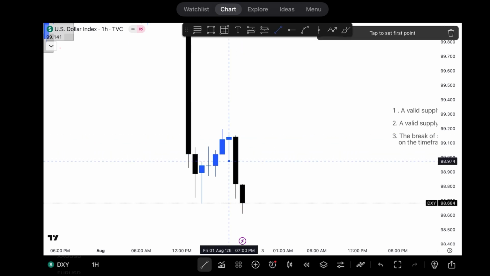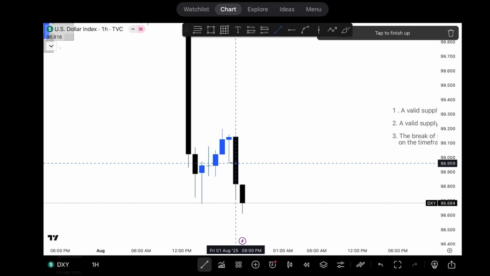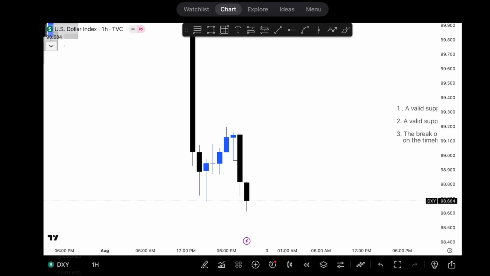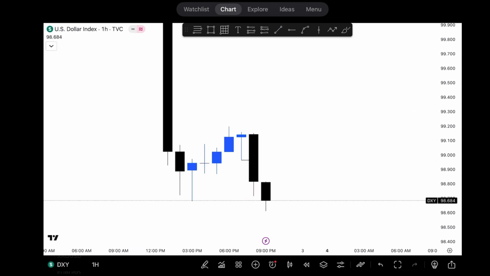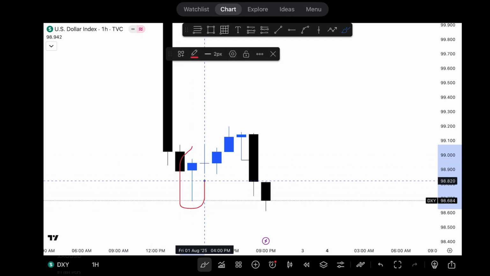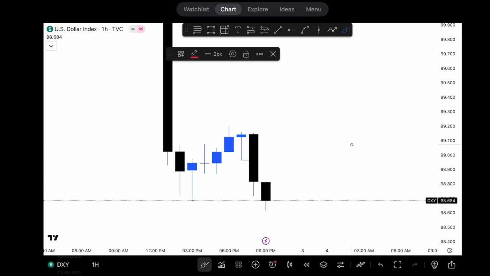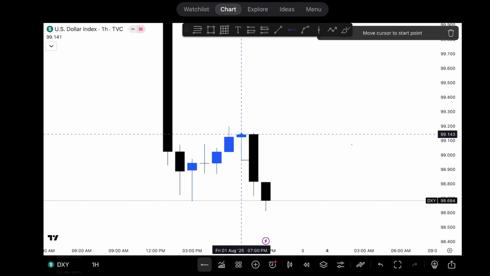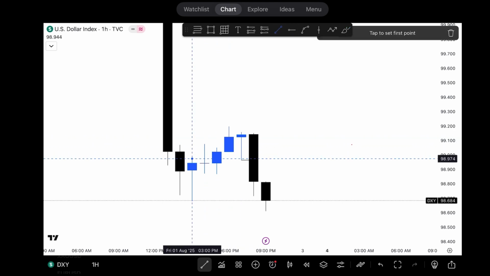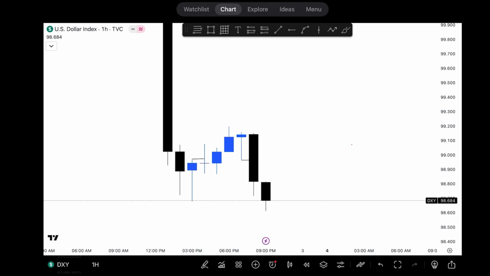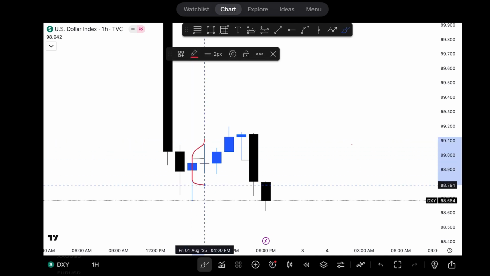It closed with a body closure below this, not a wick, right? But then if you look at that particular one, see what price did. Price closed above it with a wick. Can you see? Price closed above it with just a wick. It was not a body closure.